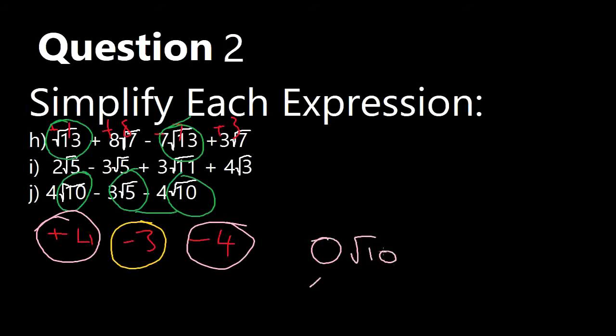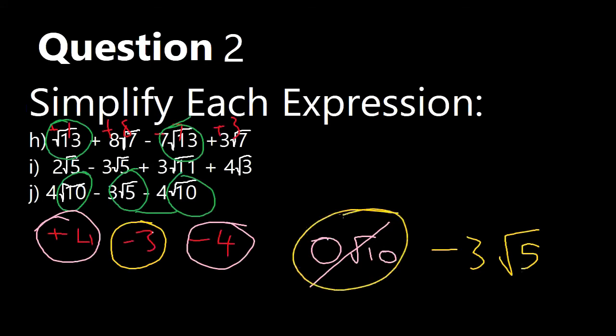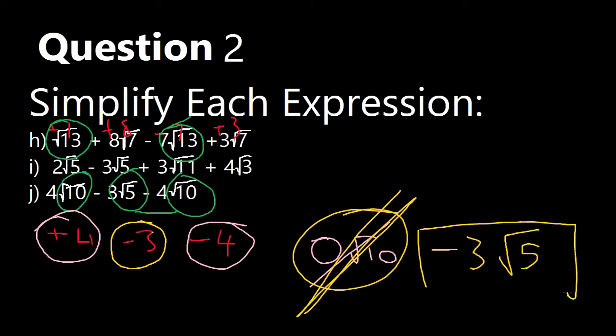Okay, so if we have 0 lots, that means we've got none, so we can just cross that off, it doesn't matter. And we have minus 3 lots of root 5. So we don't need to include that bit. You can if you want, but it's a bit redundant, so I would not include it. And this here is our final answer, minus 3 root 5.